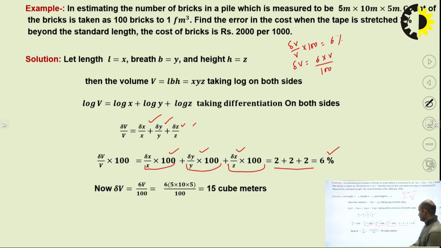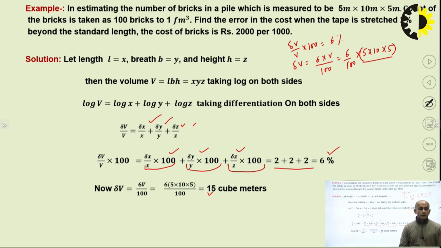And what is V? V is actually the volume of the pile of bricks, and V is here 5 into 10 into 5. So this is the volume of that pile of bricks. So what will be the value of delta V here? So delta V will be 15 cubic meters.